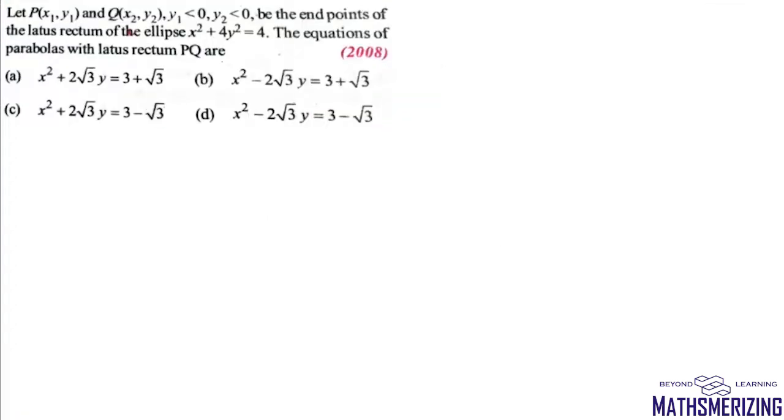Now here the question is: let P(x1, y1) and Q(x2, y2), where y1 and y2 are both less than 0, be endpoints of the latus rectum of the ellipse x square plus 4y square equals 4. So we have this ellipse, which is x square upon 4 plus y square upon 1 equal to 1. So we'll draw this ellipse.